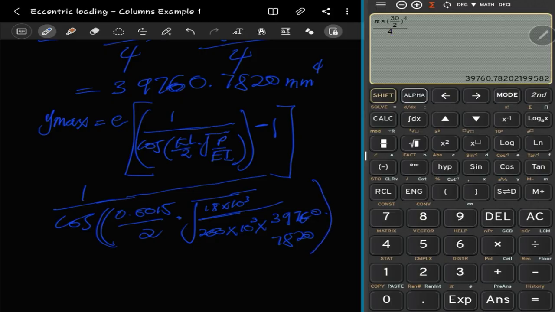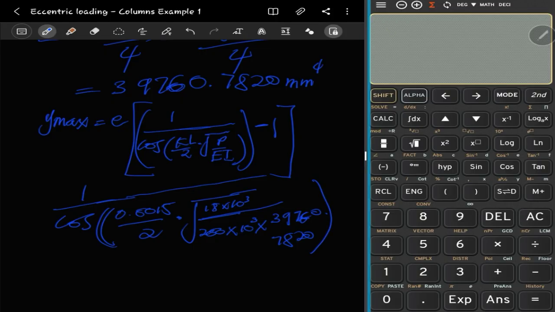So this is all here, and this is what we're trying to find. Let's see, 1 on cos.